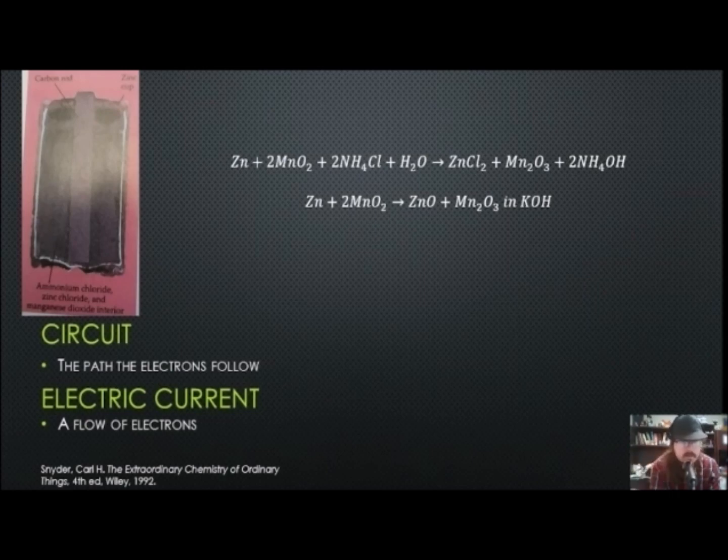The electrons are allowed to flow and power the equipment, whether it's a flashlight or your calculator or anything. We have a simple battery that's completing the circuit. Now, the circuit is powered by the electric current, which is simply the flow of electrons.